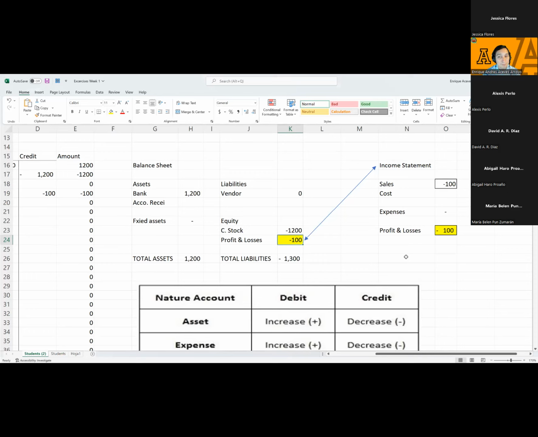Obviously, the correct process is that from this you will have to deduct the cost and the expenses, and you only pay the profit. But at the end of the day, that profit is a debt for you. To whom? To your shareholder.